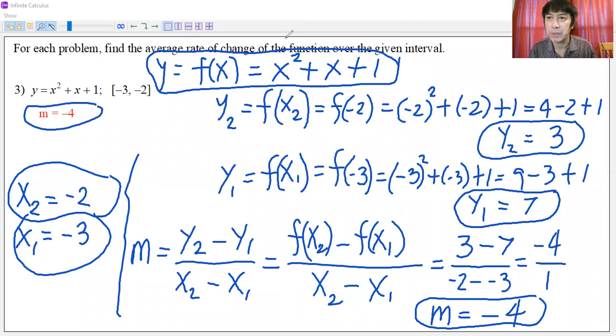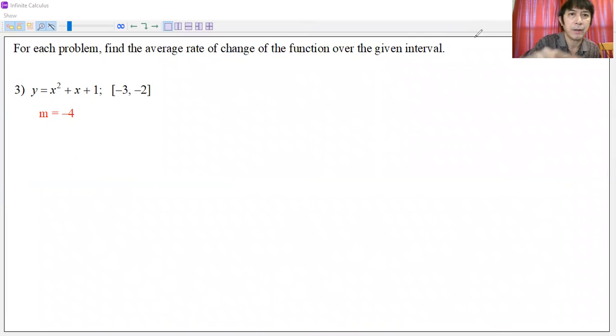That completes our third example. We shall continue with the next. Let's clear the screen and proceed to number 4. Find the average rate of change of the function over the given interval.